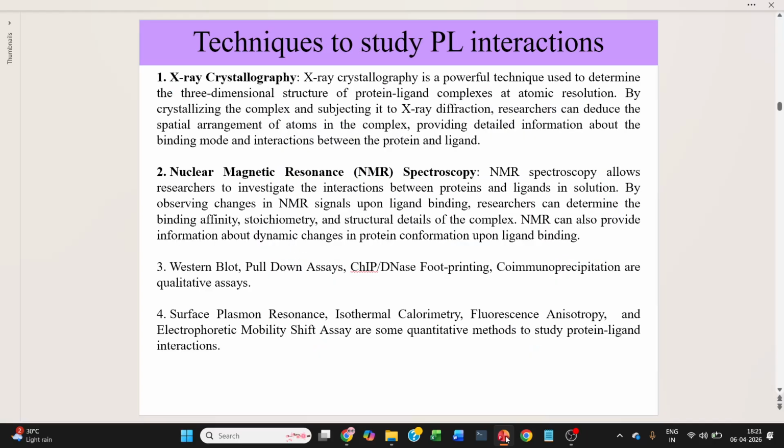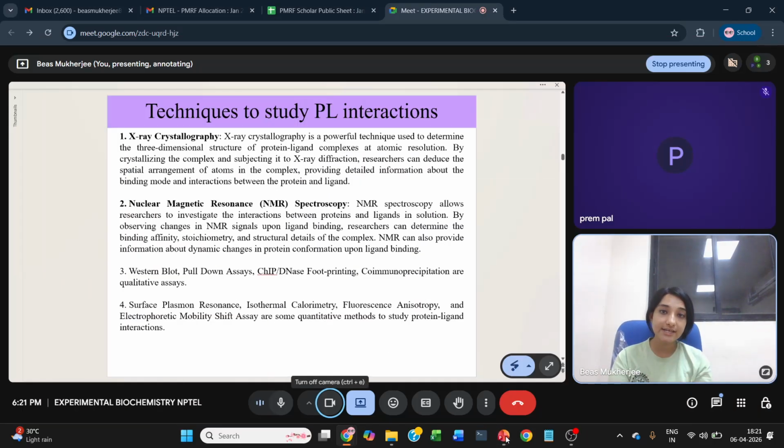Now, there are different techniques that are used for studying protein-ligand interactions. A lot of techniques are listed here for you. We'll start with X-ray crystallography. This is one of the techniques in which you can visualize both the ligand and the protein and how they interact.